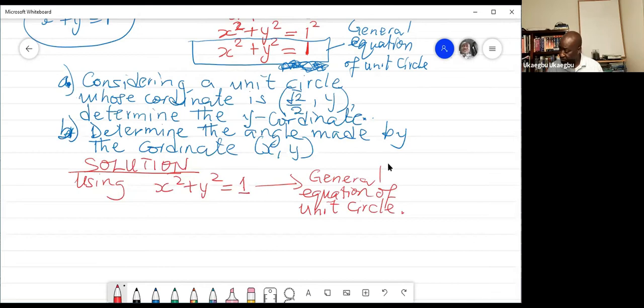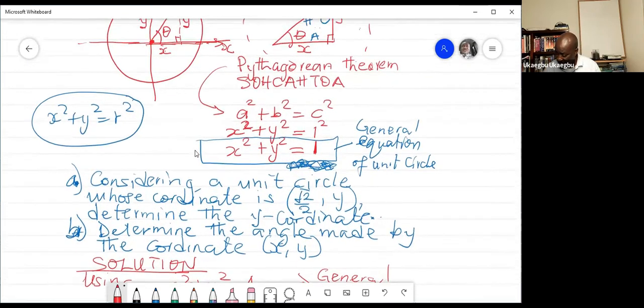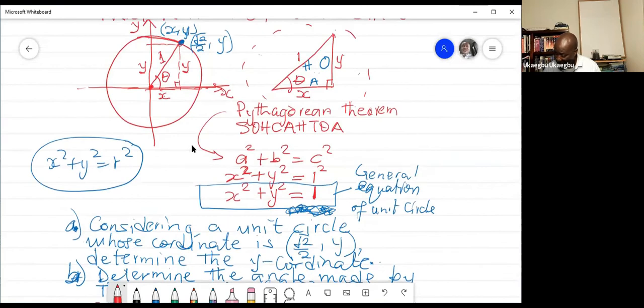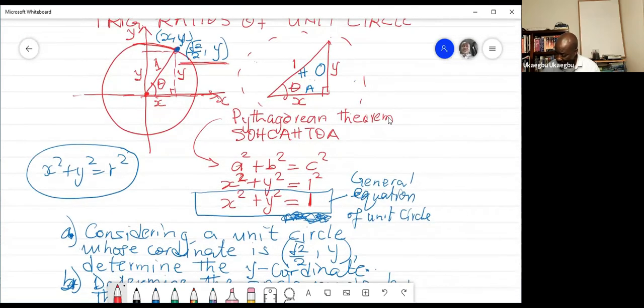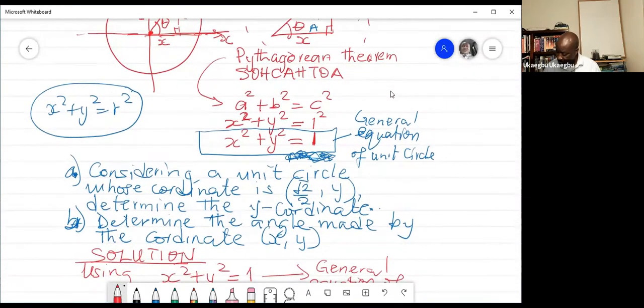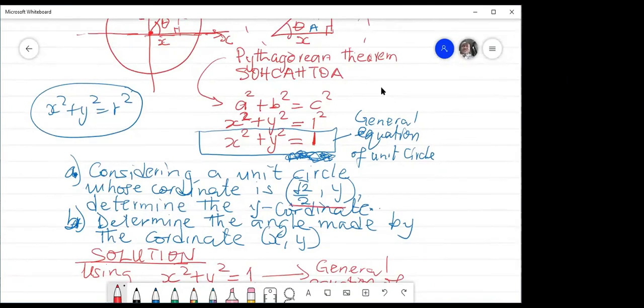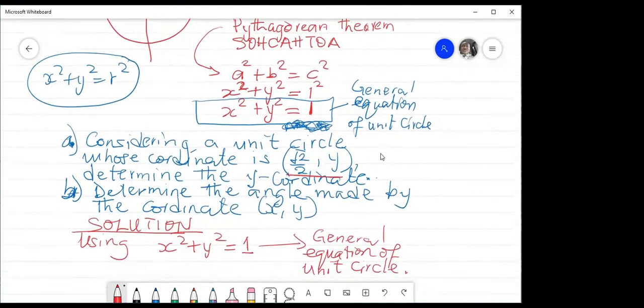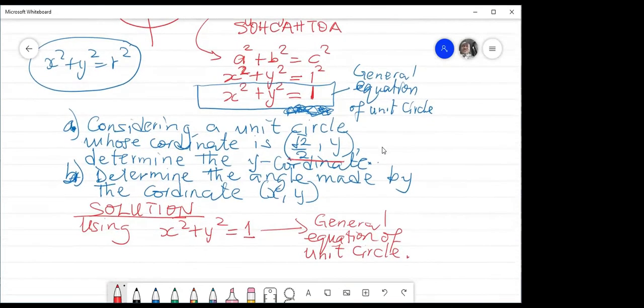So now looking at the coordinate again, what's the value of x? What's the value of x, ladies and gentlemen? Is it 1? Isn't it square root 2 over 2?